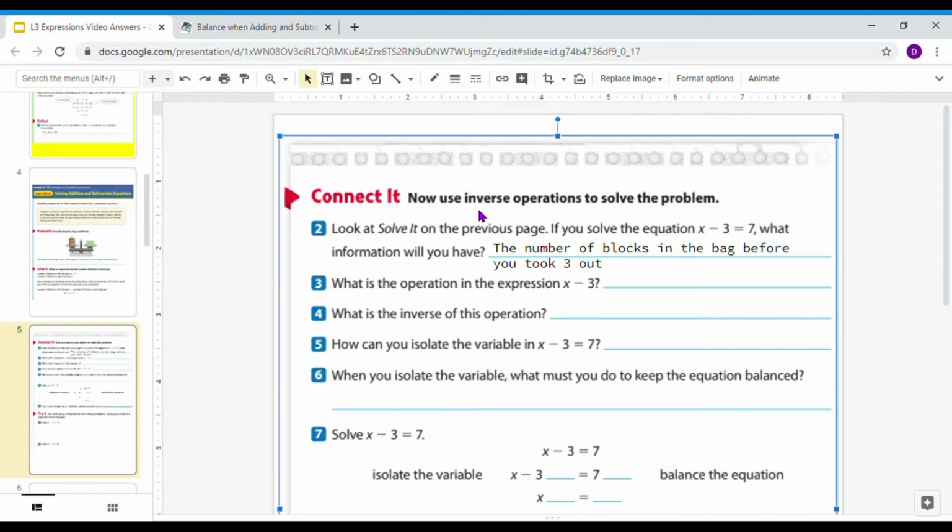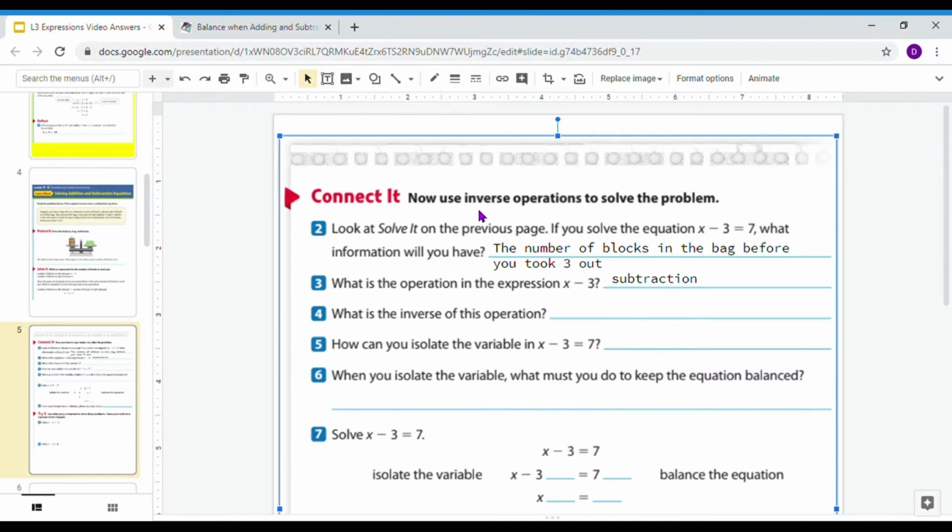So now when we're trying to solve this equation, we have to think about what operation we see in the problem. So the operation in the expression X minus 3 is subtraction. We see a subtraction sign, so we know that it's subtraction. So now number 4 is asking us, what is the inverse of this operation?